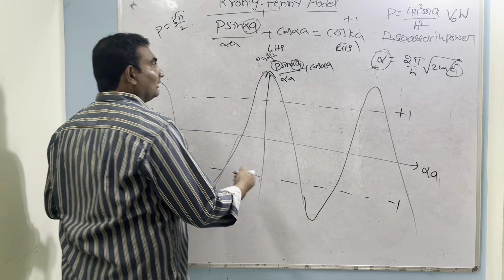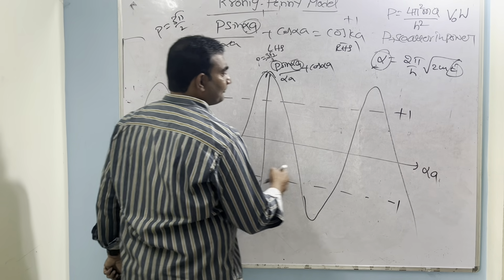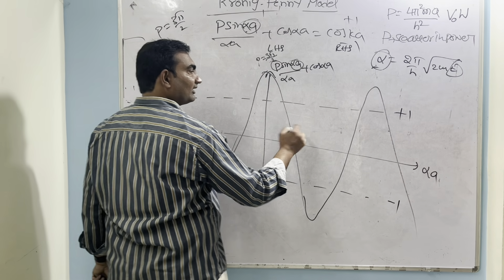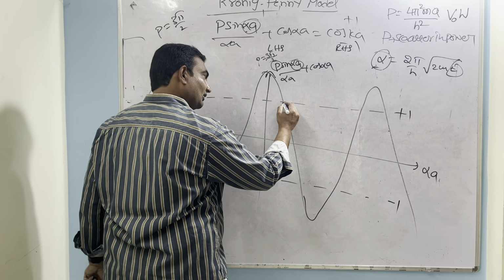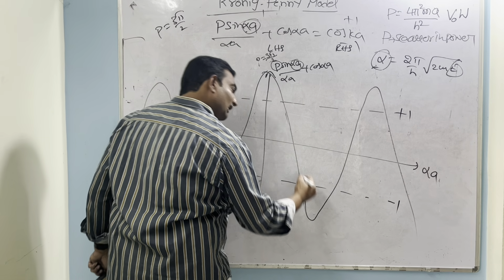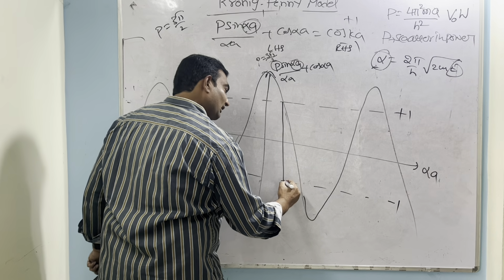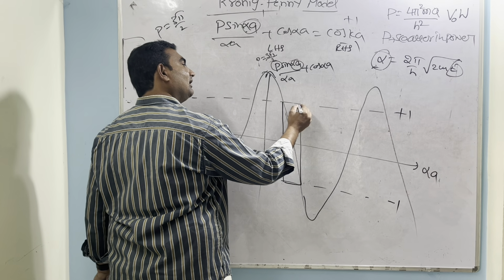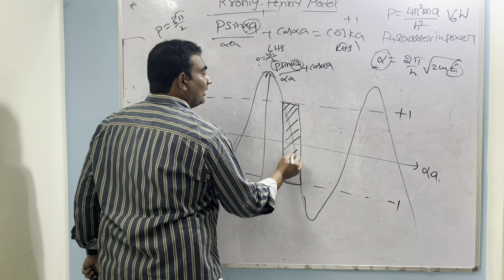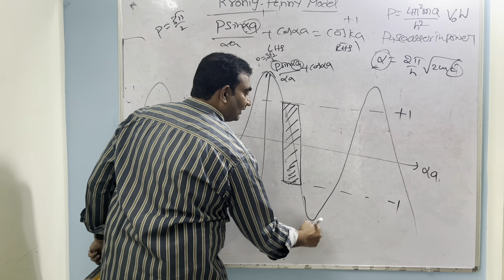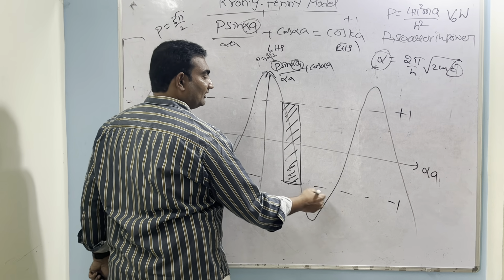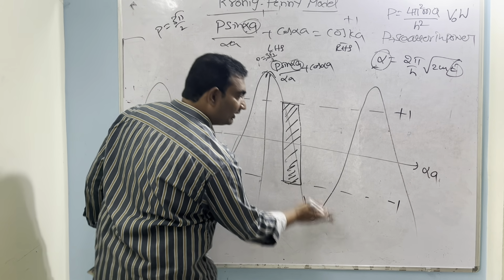So coming to the point, here the y-axis is restricted between +1 and -1. Since in this wave mechanical solution, only the part which is in between +1 and -1 is allowed. This part of the solution of the wave equation is not allowed because it is beyond -1.